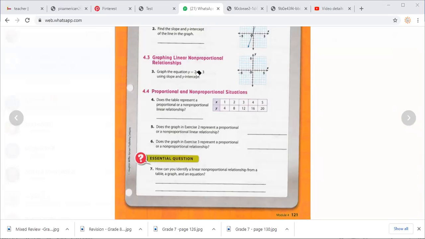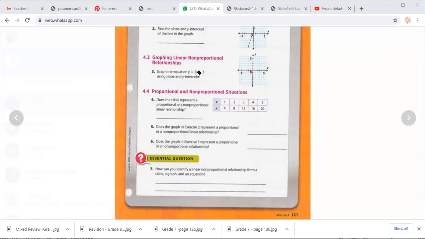From a table, if we divide y over x, or we use the slope, and it gives the same number, it will be proportional. Thank you. From the table, you can find y over x, and if it's constant, we have a slope.